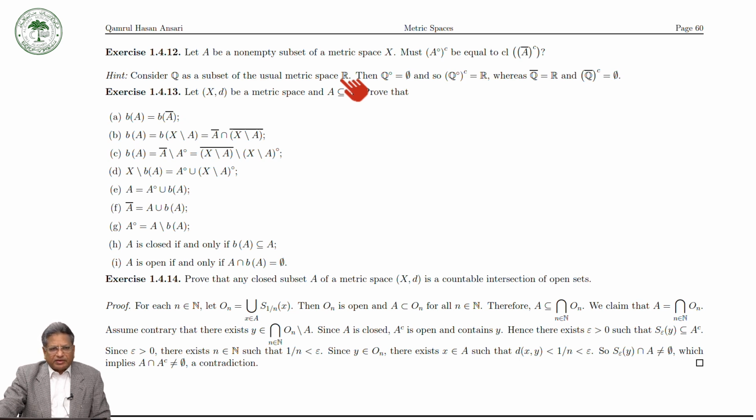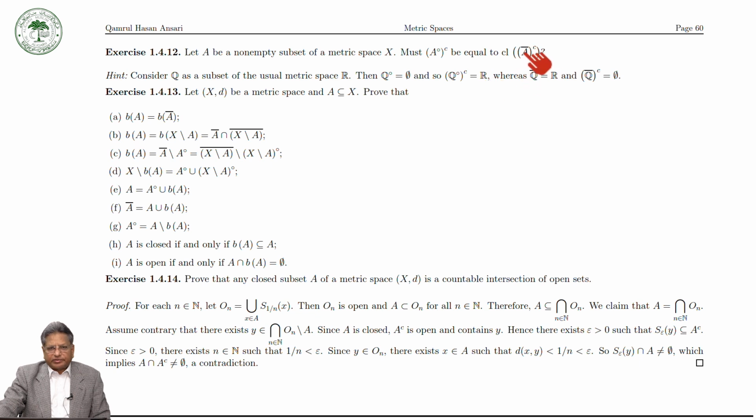We have seen that the interior of Q is equal to the empty set. So if A is equal to Q, then the interior of A is the empty set, and therefore the complement of the empty set is the whole space R.